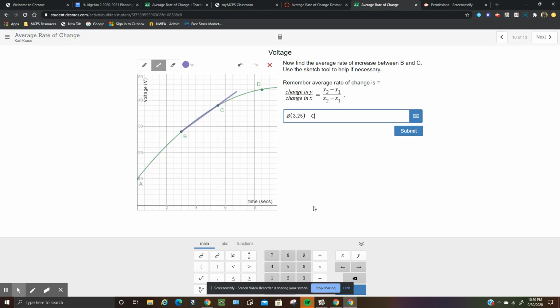And then C is at 5.5, and the Y value is 38.